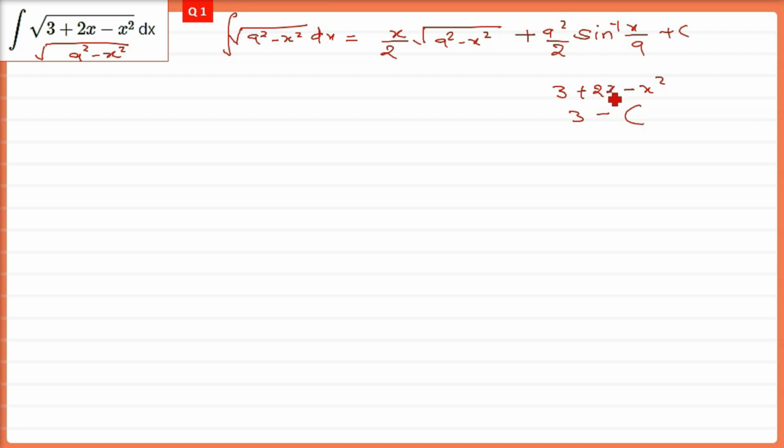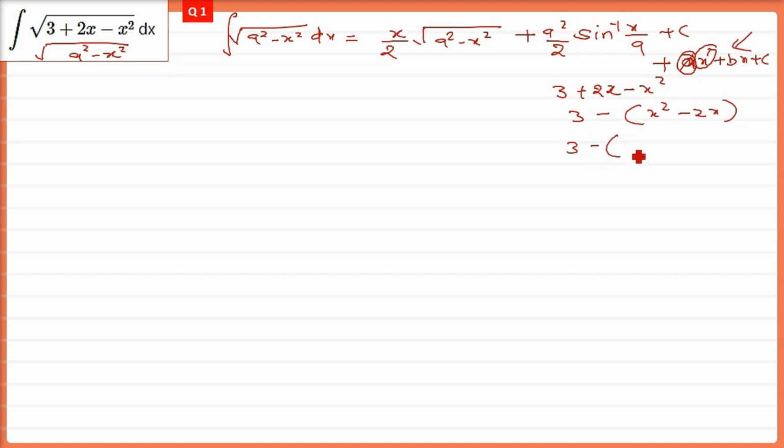That's why I am taking a 3 minus whatever is inside. I just made it negative so that 2x minus x square become of different sign. Whenever you take an ax square plus bx plus c kind of quadratic, in order to make it a perfect square, you want a to be removed, and x square should not have anything in front of it.